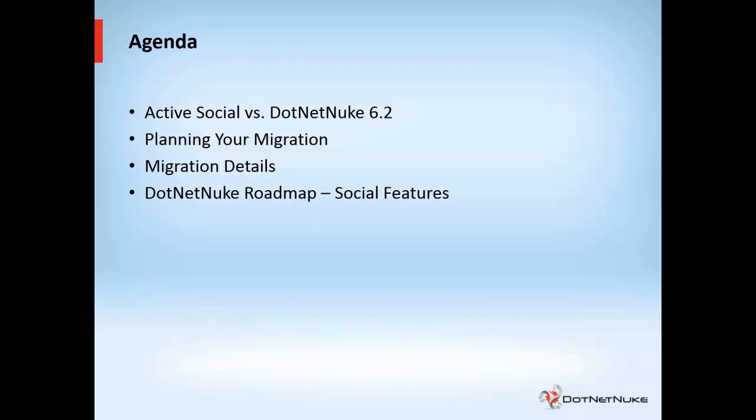I'll talk a little bit about planning your migration, what you need to consider, things you need to look out for. I'll go into some details about the actual migration process, and then talk a little bit about the DotNetNuke roadmap for some of the social features. I'll keep an eye on some of the questions as they come in. I might answer some during it, but I'll definitely have some time at the end to dive into some questions.